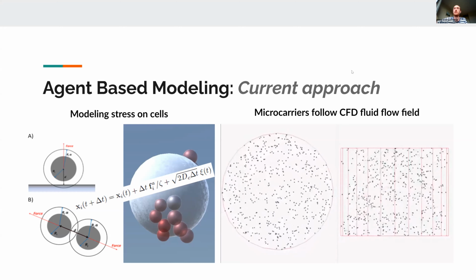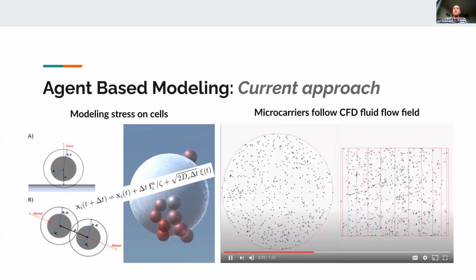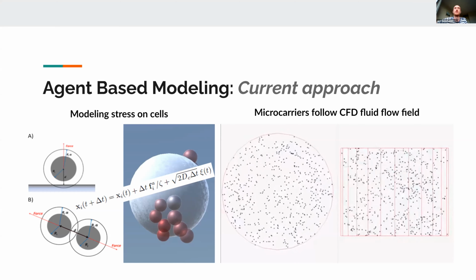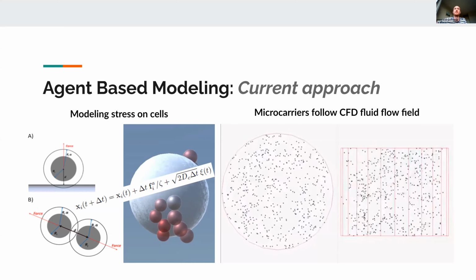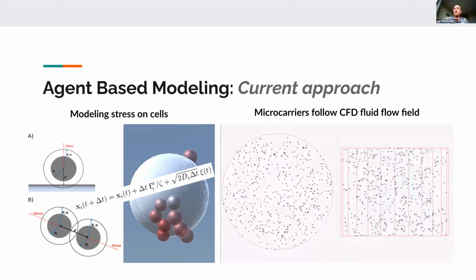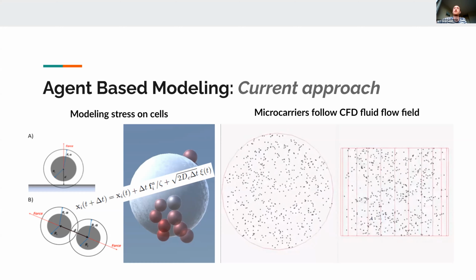They experience forces by each other or their environment, for example, deformation force by each other. If they get too close, they get squished together and they repel each other. Or by the fluid flow, they experience a drag force.